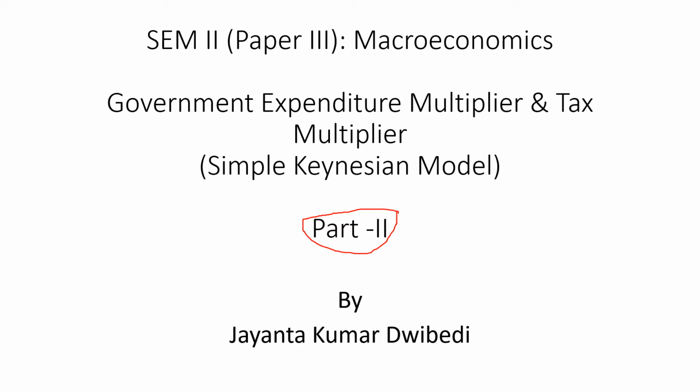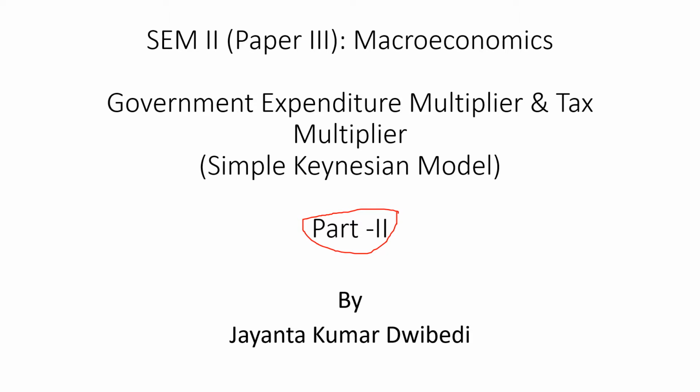We discussed how income changes in relation to a change in government expenditure. So basically, in part 1 we discussed if the government raises its expenditure, how it's going to change the income and in what multiple the income is going to change.